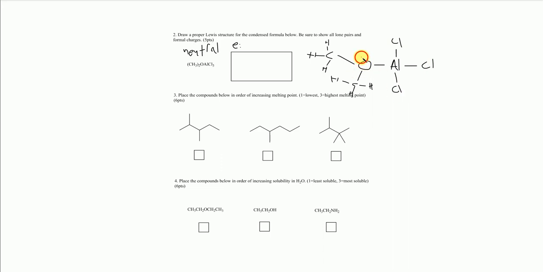Then I'm going to give this oxygen a lone pair because it needs a full octet, and each one of these chlorines is going to get a full 3 lone pairs.